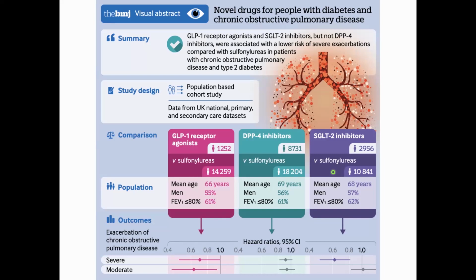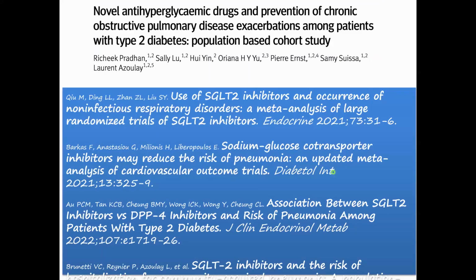Again, in severe COPD, hospitalization and severe exacerbation is definitely lower. So there are not only 1 or 2 studies, there are now a lot of studies coming in about benefits in COPD.